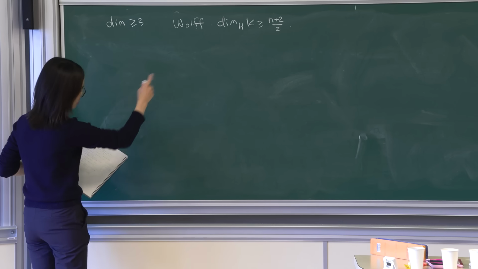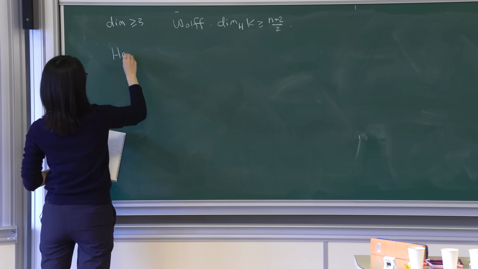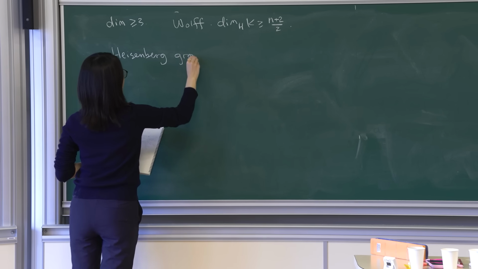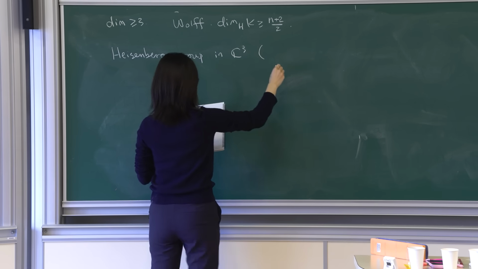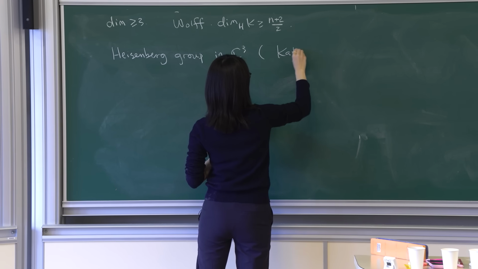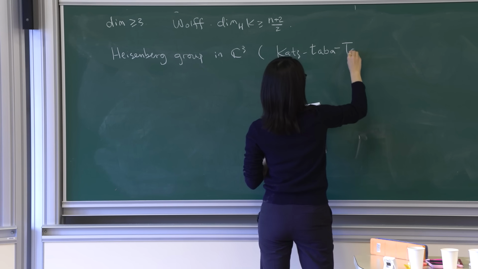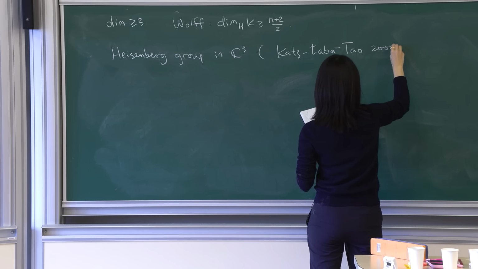And the reason why it is hard to improve this bound is because of the Heisenberg group example in C3, which was discovered by Katz, Laba, and Tao. And it plays an essential role in our intuition about the enemy examples of the Kakeya set.